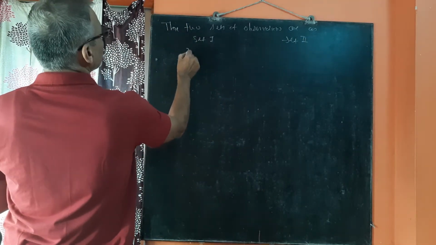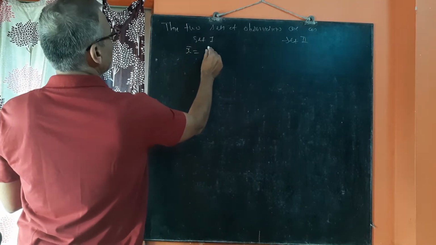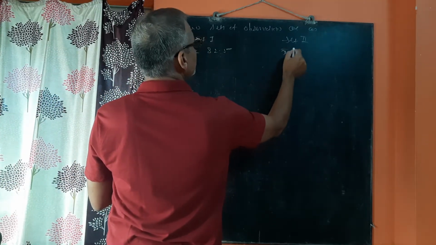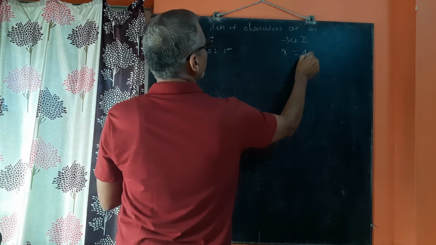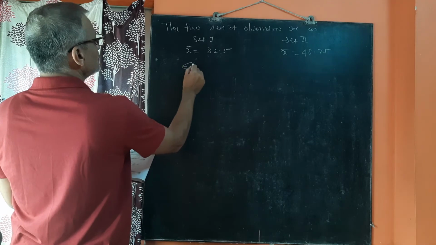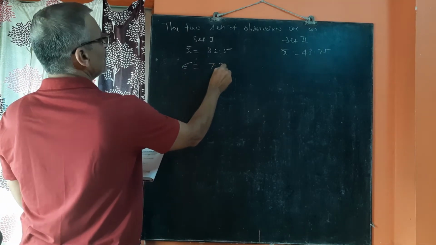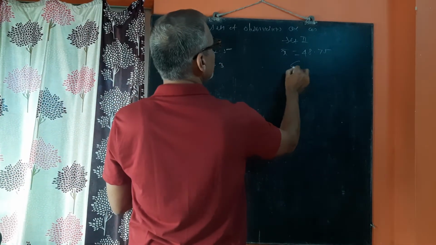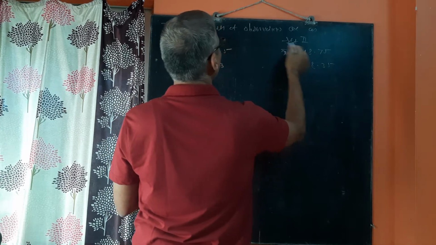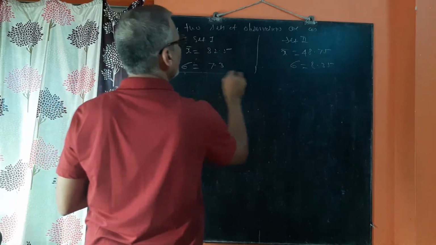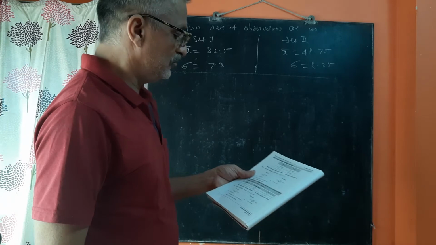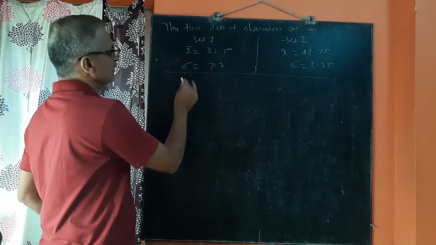For set 1, the value of x bar is given, that is 82.5. Here, the value of x bar is 48.75. Here, the value of sigma equals 7.3. The value of sigma here is 8.35. You have to find which of the two sets is more consistent.